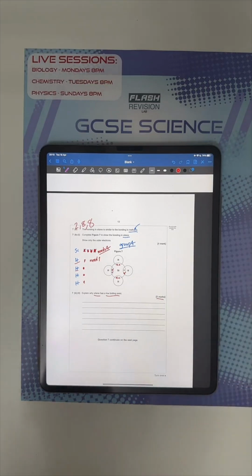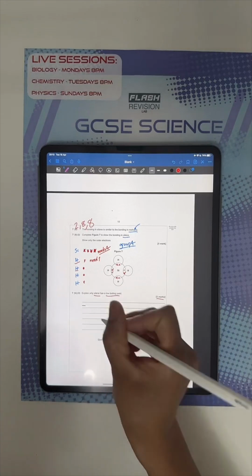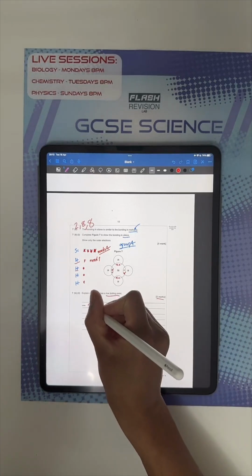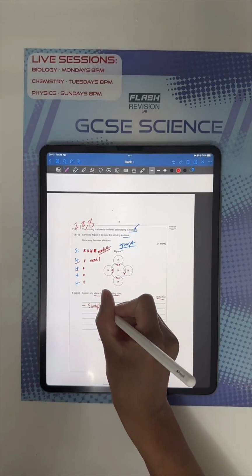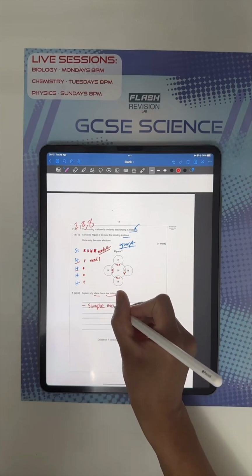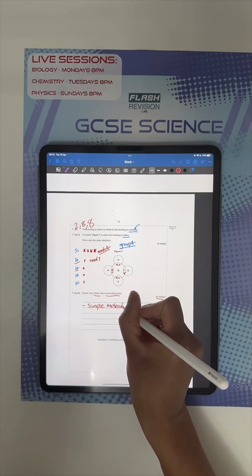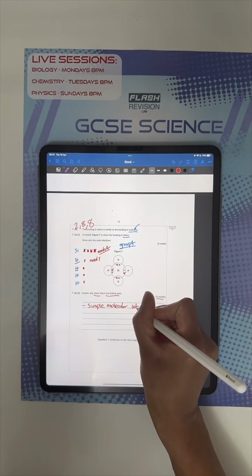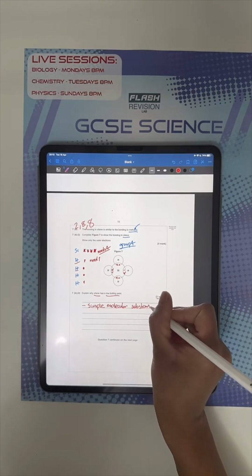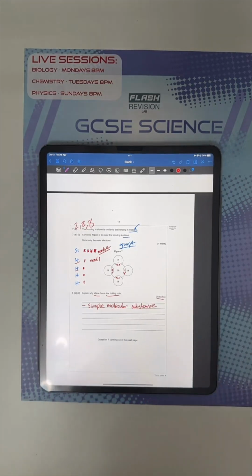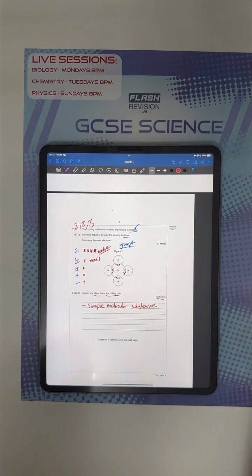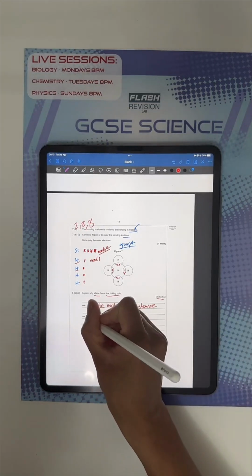So where do we get our 3 marks from? So 1 mark is just to identify that it's a simple molecular substance. Next mark is to mention that it has weak intermolecular forces.